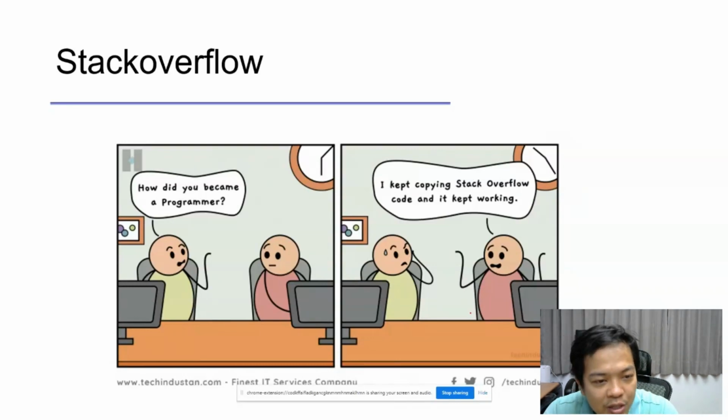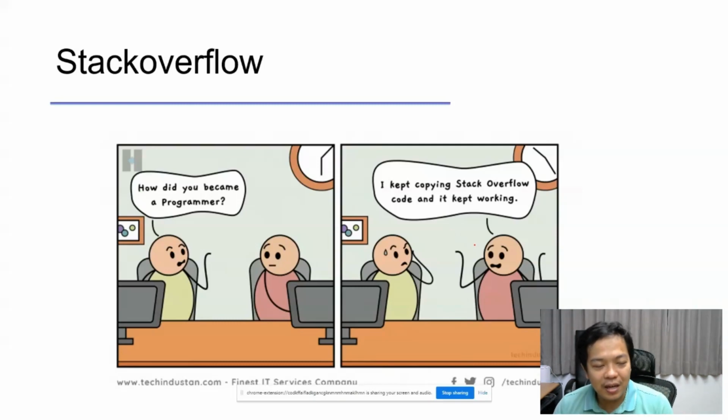It asks how you became a programmer, and I think the answer is similar to mine: I kept copying Stack Overflow code and it keeps working.